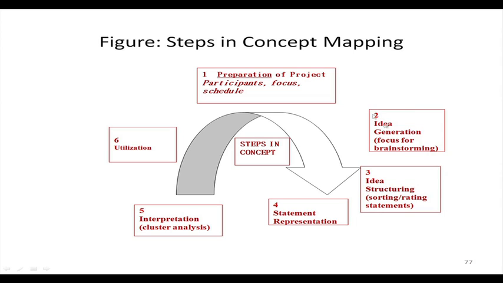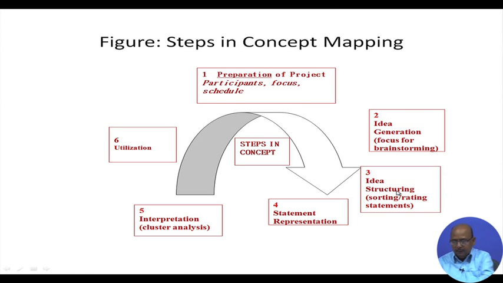Then you move to the next stage, that is idea generation. So, here you can go for brainstorming, what it should be, right, what do you want. Then once idea generation is done, you go for evaluation and then you go for sorting or rating statements. So, whatever idea is generated, you go for evaluation of them, right.